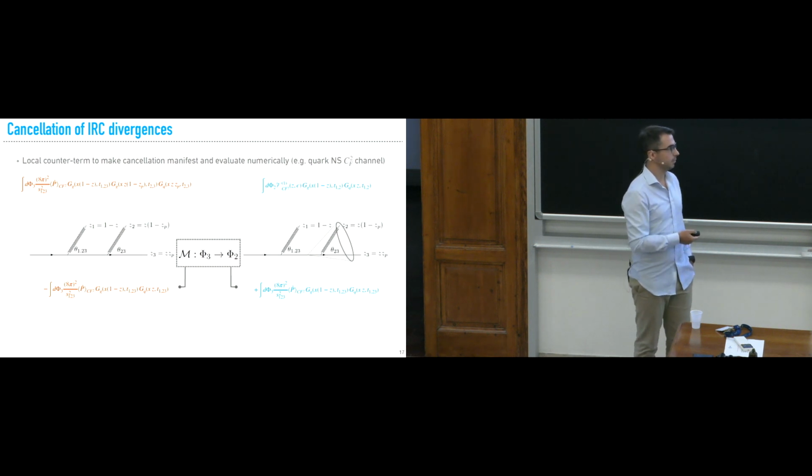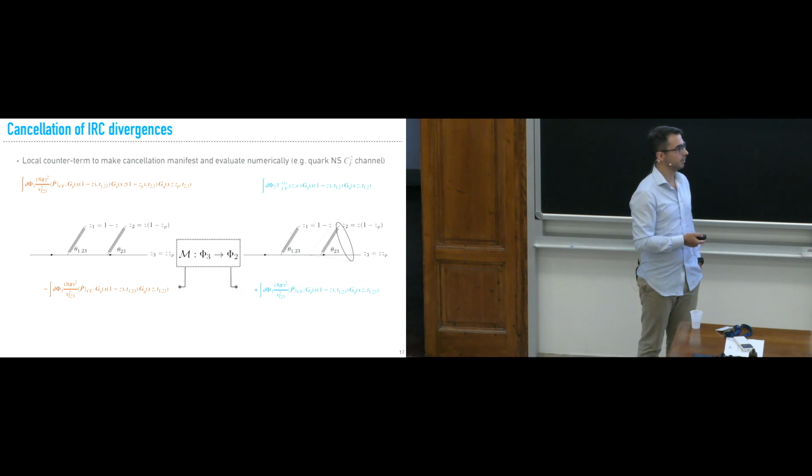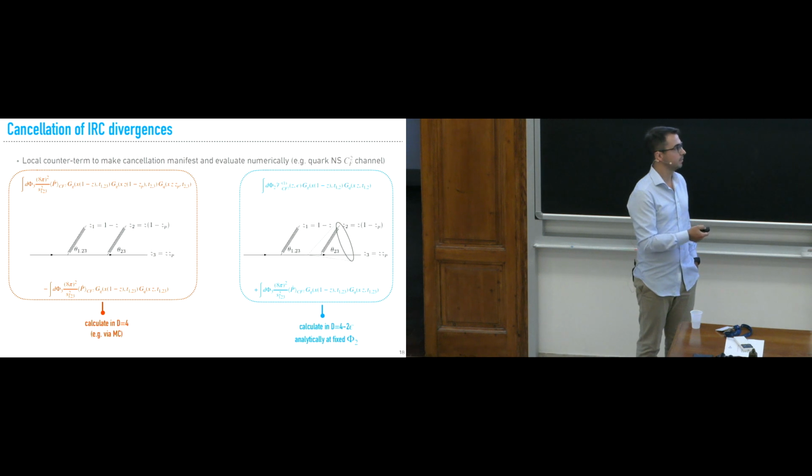So of course we need to add and subtract this term, so we add a 0, and then we can combine the guy with the minus with the reals and the guy with the plus with the virtual.